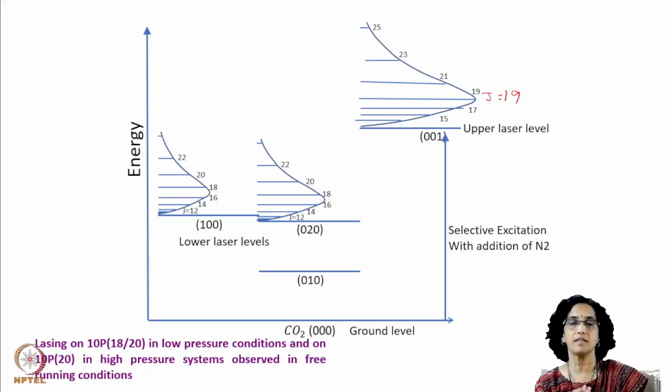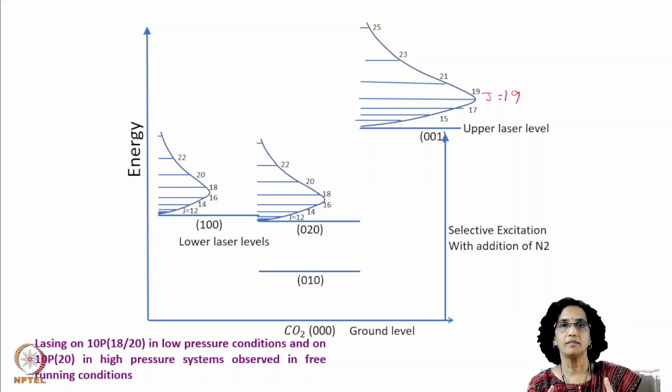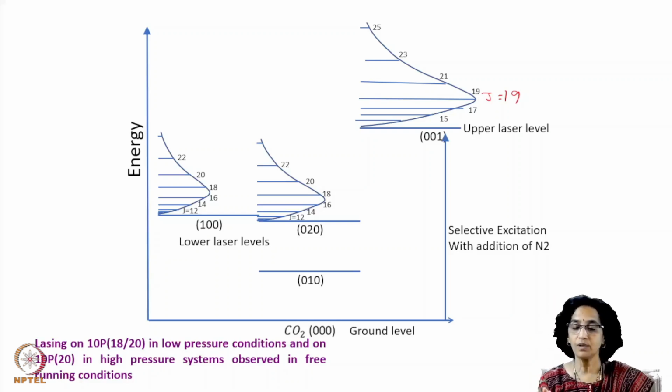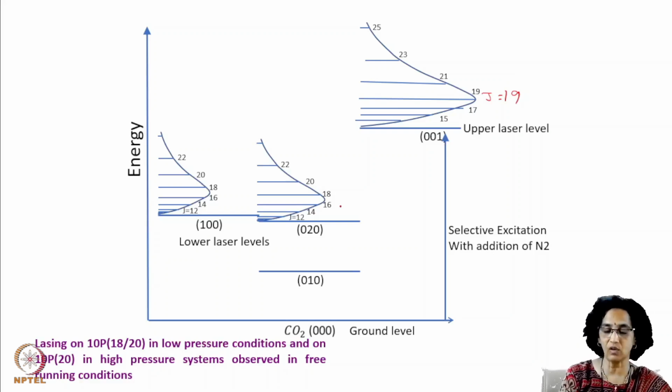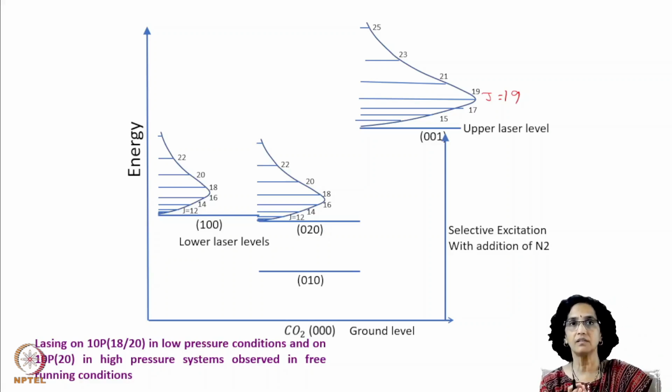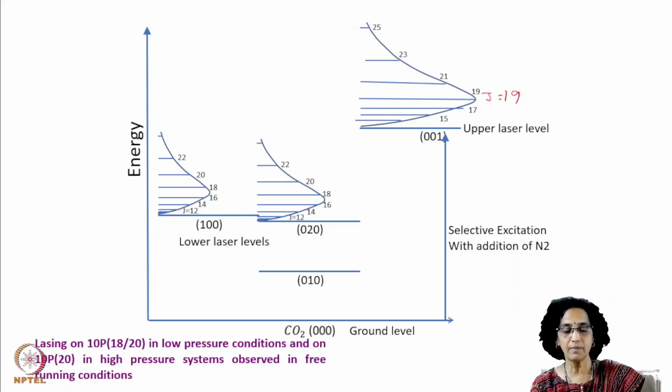This is certain symmetry consideration that comes into play, and therefore these even J levels are not allowed in the upper laser level 001, and odd J levels are not allowed in the lower laser levels, that is 100 and 020. Let us just remember that it is because of certain symmetry considerations that these energy levels are absent in CO2, right?